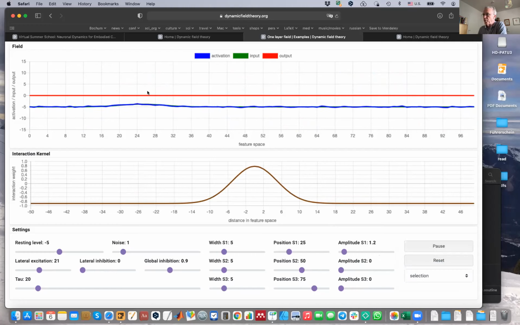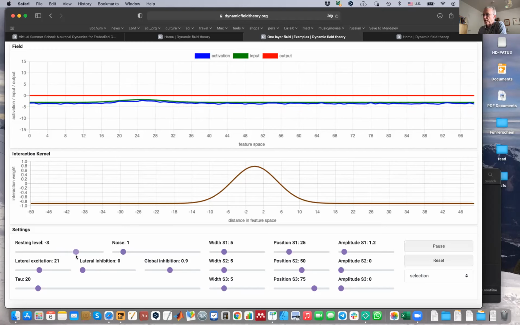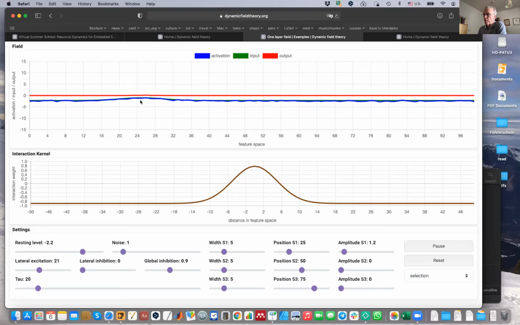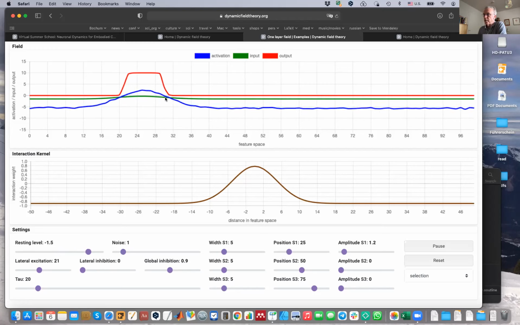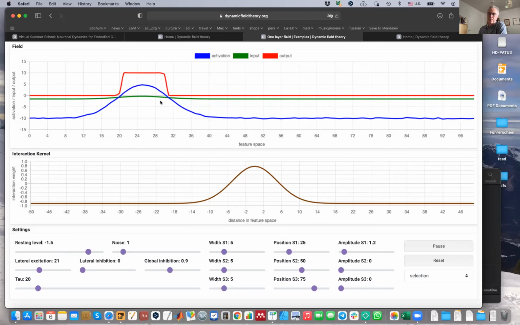See, there's a little bit of an input here, not anywhere near enough to put the system through the instability. And now just give this whole system a boost. I give a constant input to the system. And where it will reach threshold first is around here, right? See here, and a peak forms.